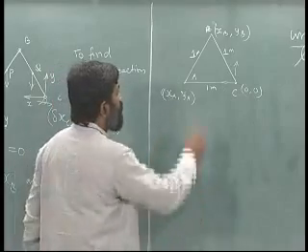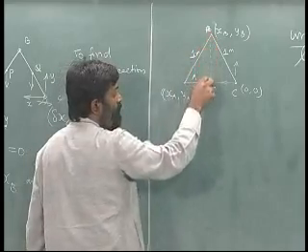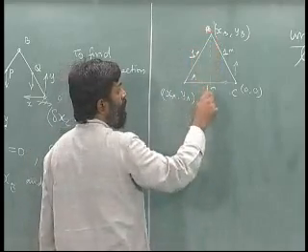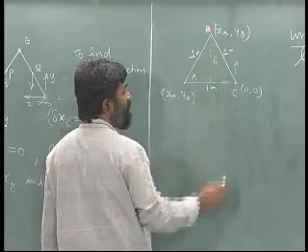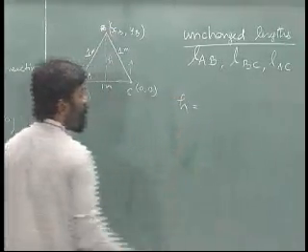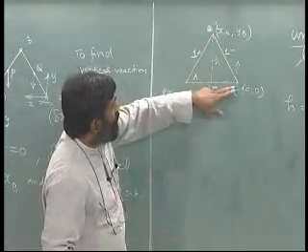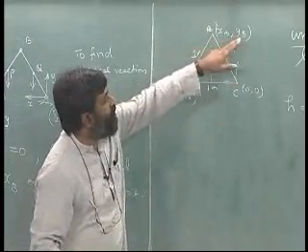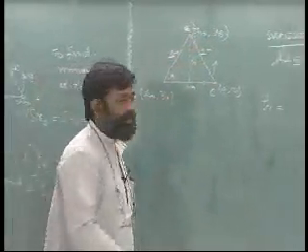The simplest thing I can do is use the geometry here. Let us say this height is h. What is h equal to? If I take with respect to this, yb is given by h directly.